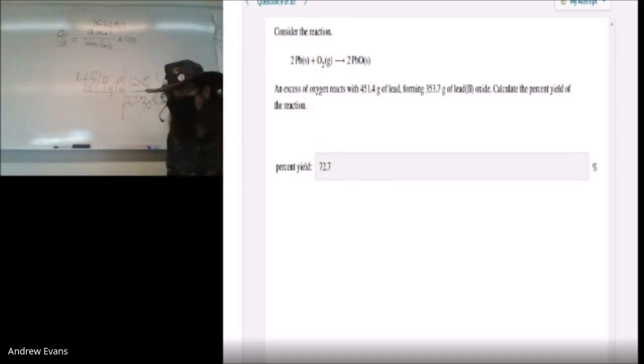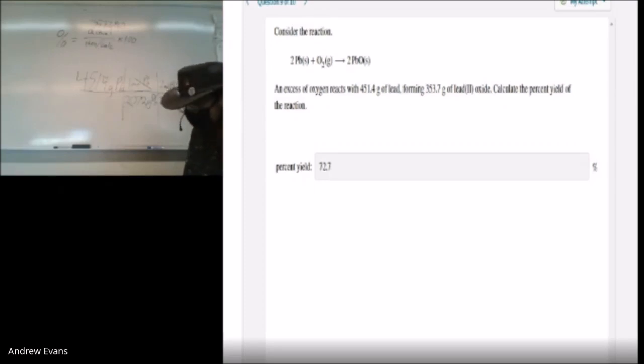Moles of lead oxide cancels moles of lead oxide. This is the second to last problem on the stoichiometry assessment A. If you have this problem, you might have a different mass of lead, or you might have a different mass of lead oxide. But if you have this equation with the lead, you set this up the same way.